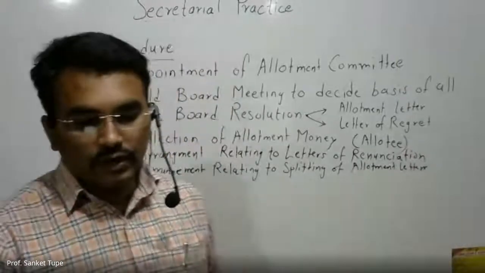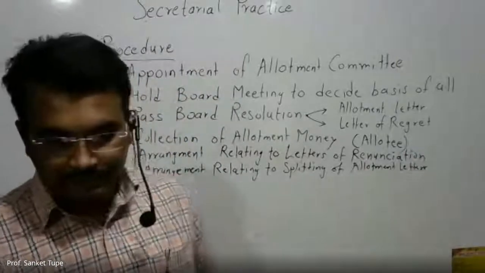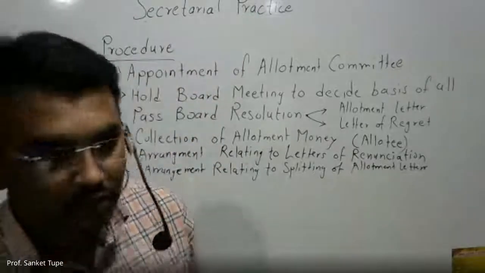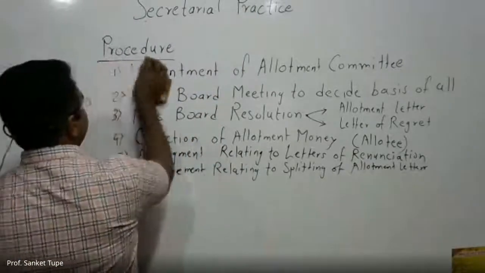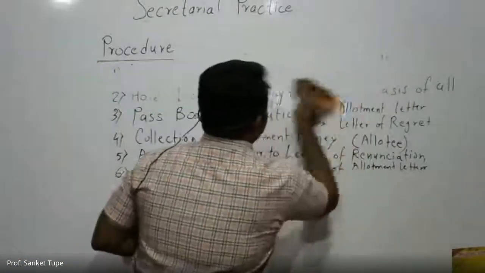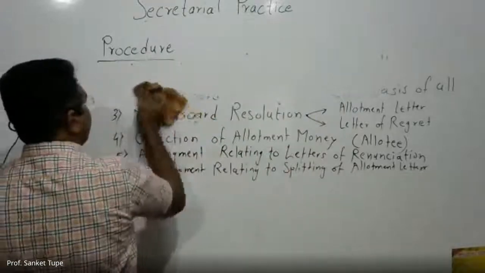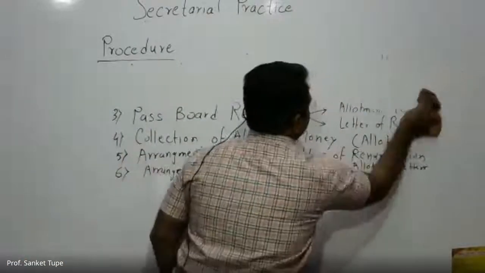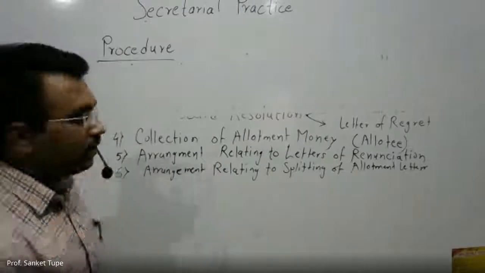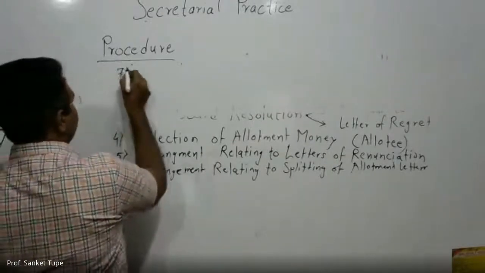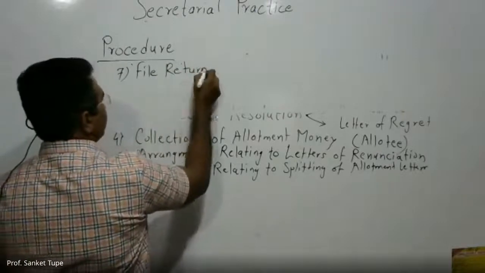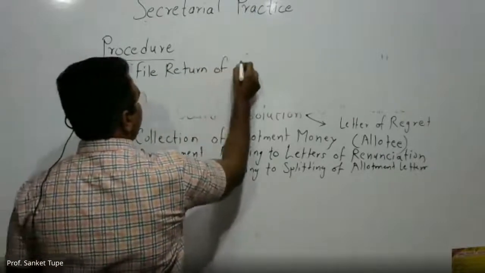Next is to file a return of allotment. Number 7, file return of allotment.